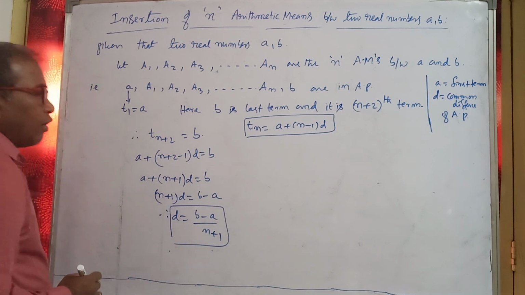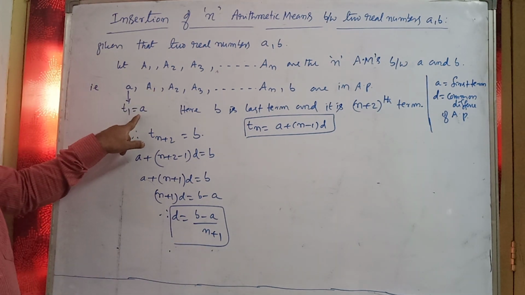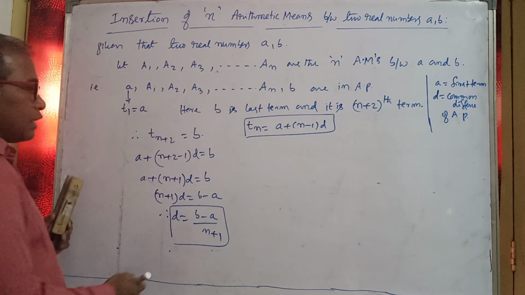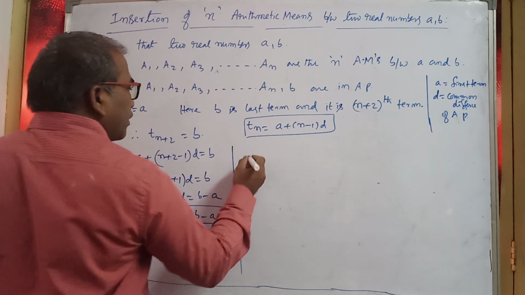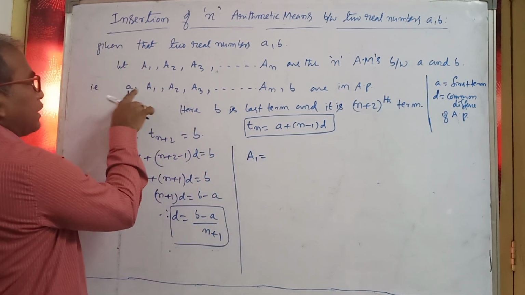Remember, this is in AP: if you know the first term and common difference, you can find any term. Now write what A1 is. Here A1 means which term? A1 is the second term.